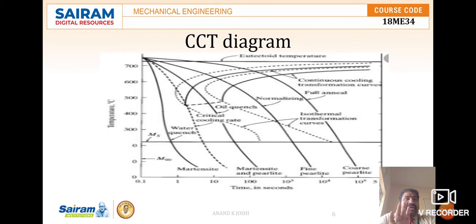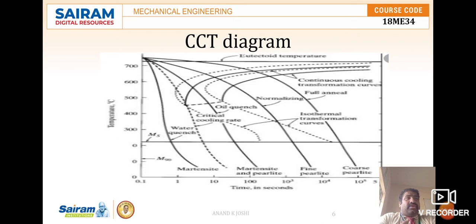We have taken 0.8 percent carbon steel, and for this fast rate of cooling, at 140 degrees centigrade per second, starting from the stable austenite state, point A, the only transformation that occurs is the transformation of austenite to martensite for 0.8% plain carbon steel.